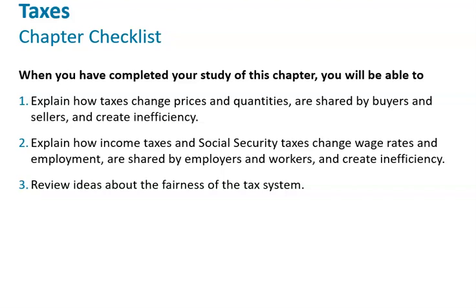We will also take a look at how income taxes and social security taxes change the wage rates and also the employment in the economy. And we will also take a look at what kind of taxes come about as a result of the discussion on fairness of the taxation system.